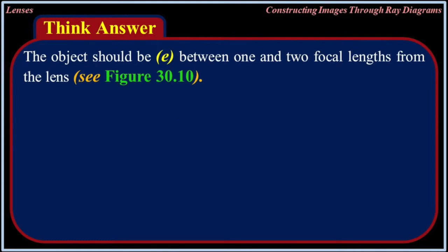The object should be E, between 1 and 2 focal lengths from the lens. See figure 30.10.